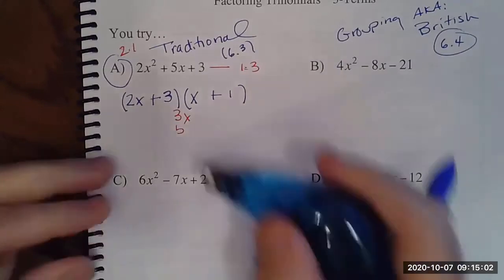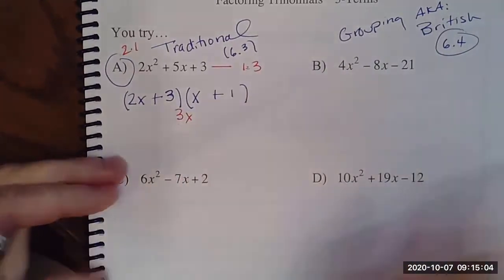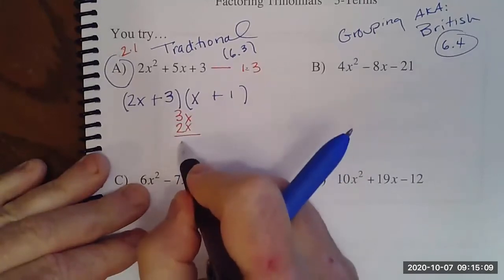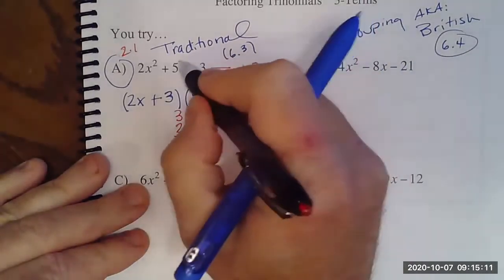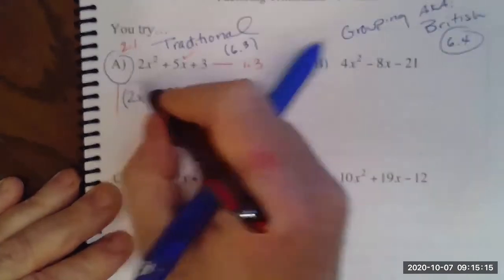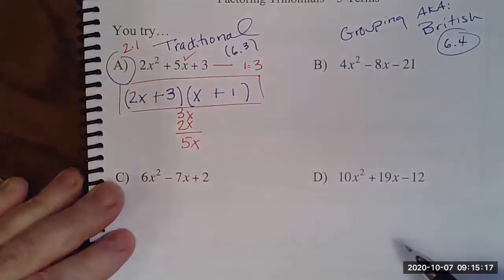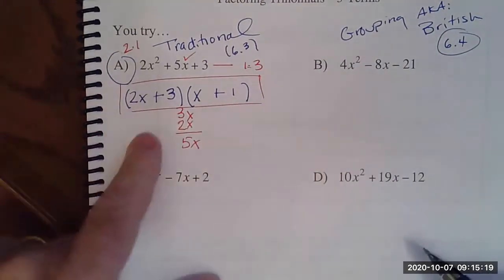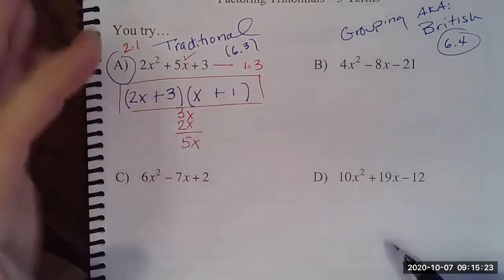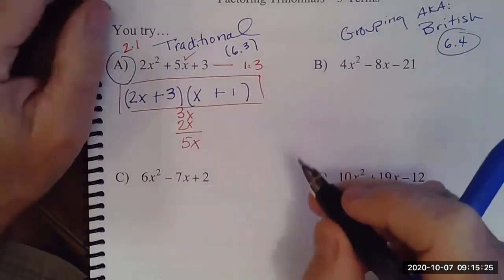Outer 2x. And there's your 5x, which is what my target is. My target's always the middle term. So, I mean, why beat this thing up with going 2 times 3 and doing a grouping? To me, that's a little more work than necessary.